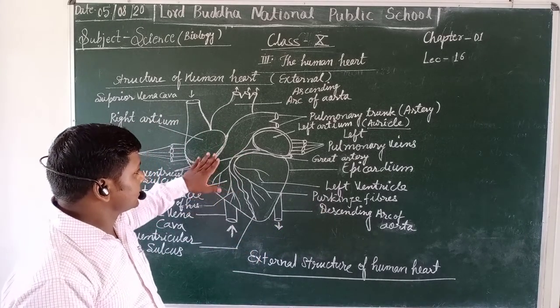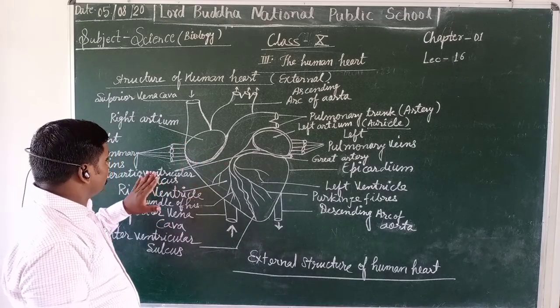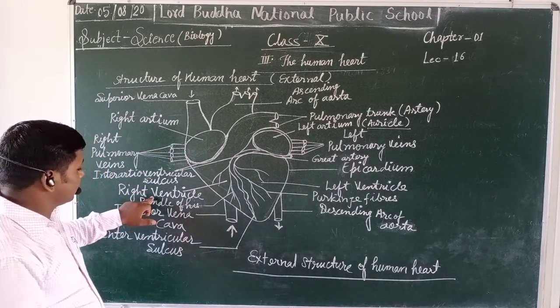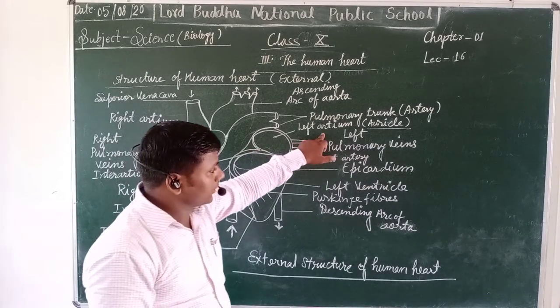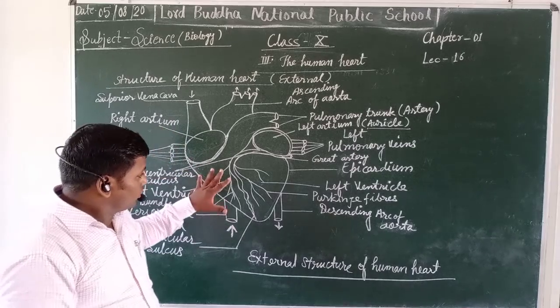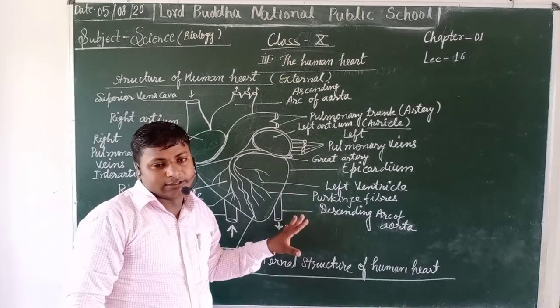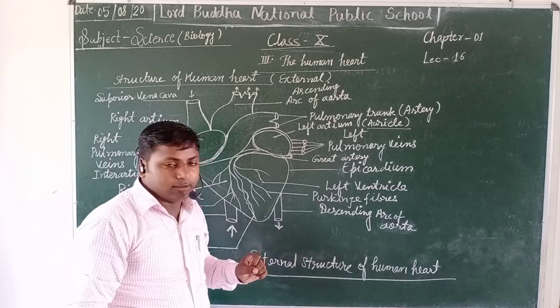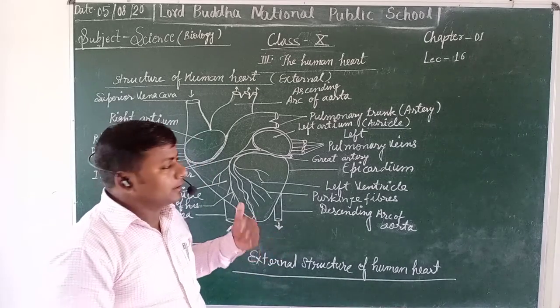The human heart is divided into 4 chambers: the right atrium, the right ventricle, the left atrium, and the left ventricle.